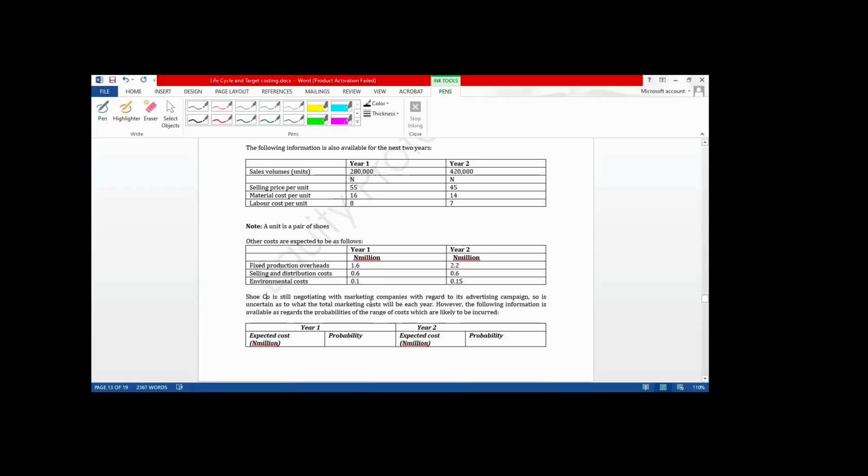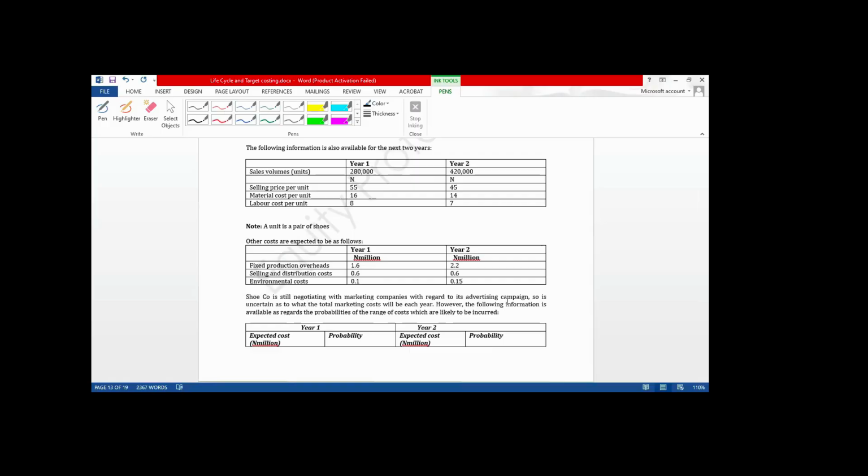He's still negotiating with the marketing companies with regard to advertisements campaign. So it's uncertain as to what the total marketing cost will be each year.